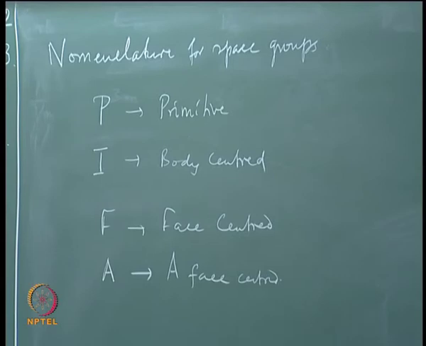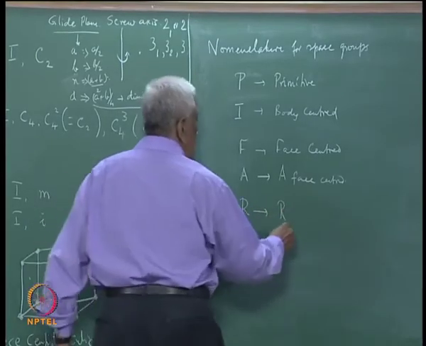So, you can have A or B or C face centered lattices, and then you can also have rhombohedral lattice in the case of a trigonal symmetry.